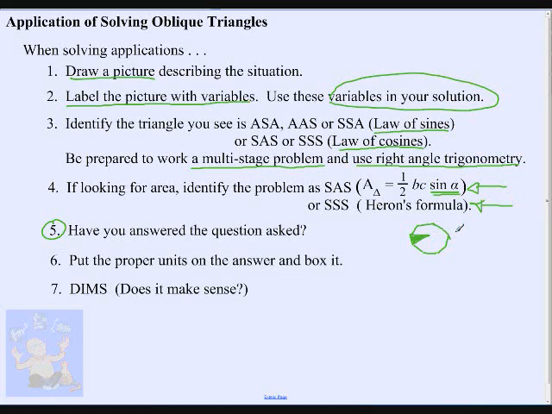No. The question was, what is the area of the whole octagon? Put the units on, box your answer, and finally, does it make sense?